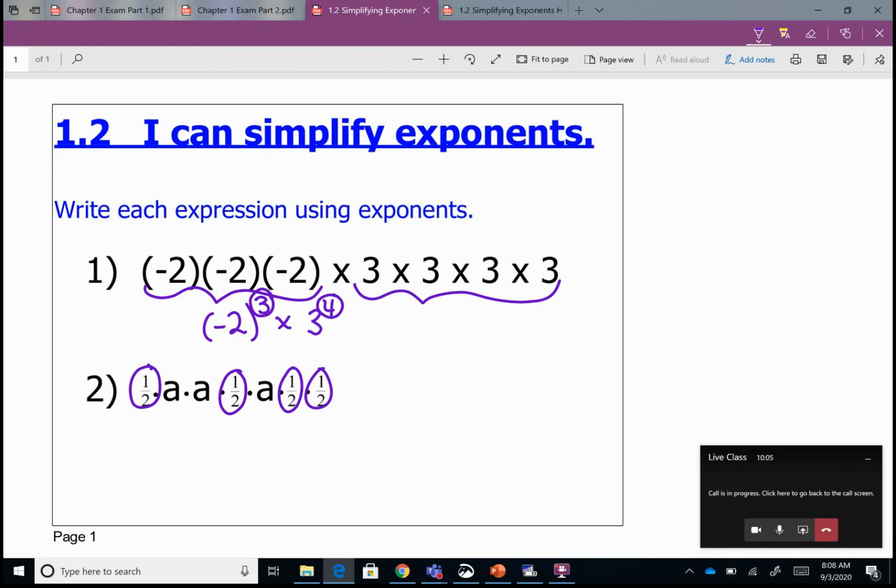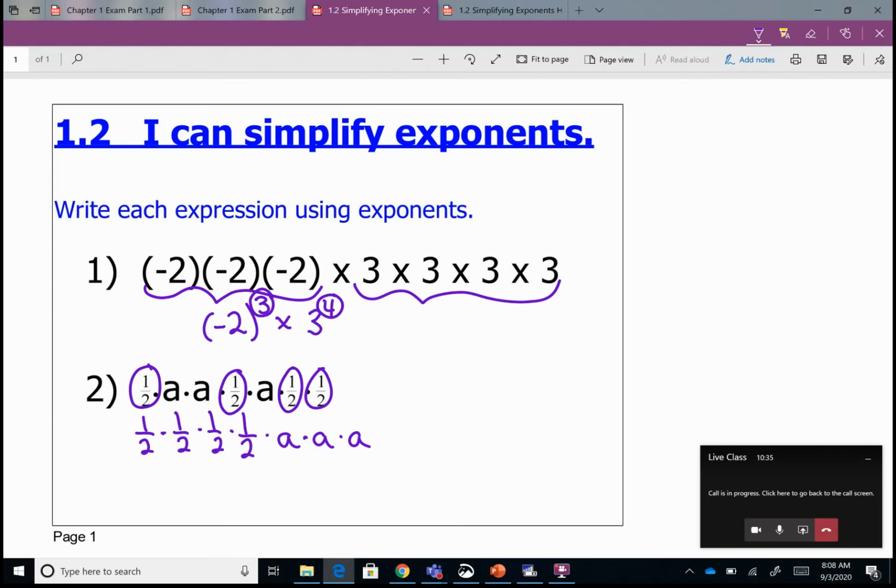I can put all 4 of the 1/2s right next to each other, and I can put the 3a's right next to each other too. With multiplication or addition, you can multiply or add in any order that you want.